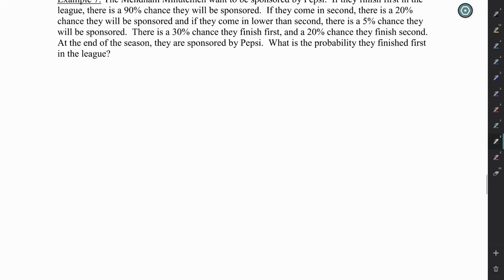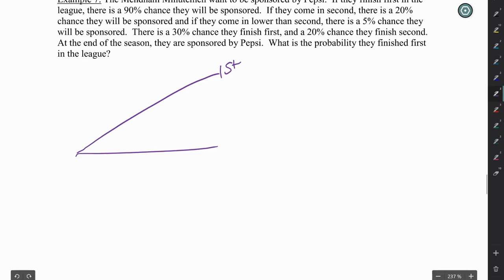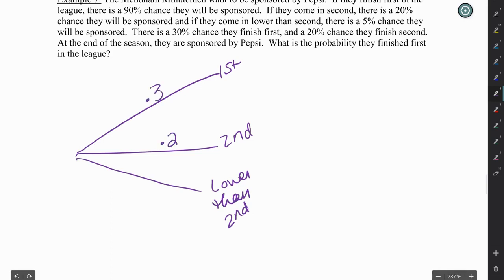So the first thing that happens is they have to finish first, second, or lower than second. So we have first, second, lower than second. So the probability of finishing first was 30%, second was 20%, and lower than that was everything else. So that's 50%. If they finish first, there's a 90% chance they're sponsored, which means there's a 10% chance they're not sponsored.